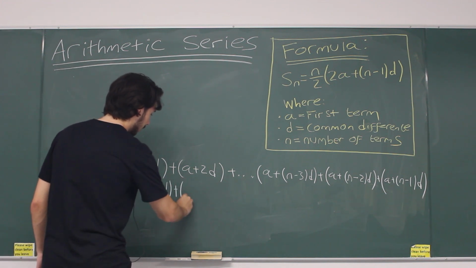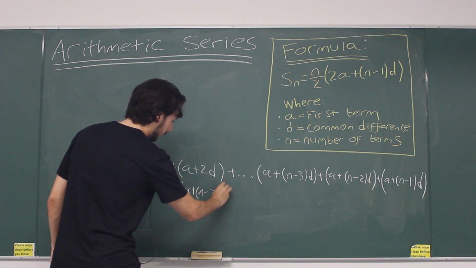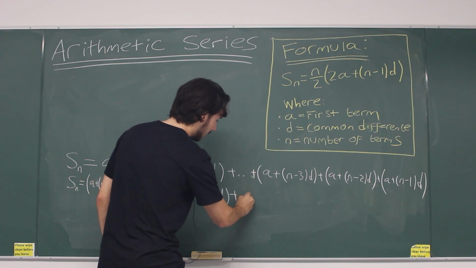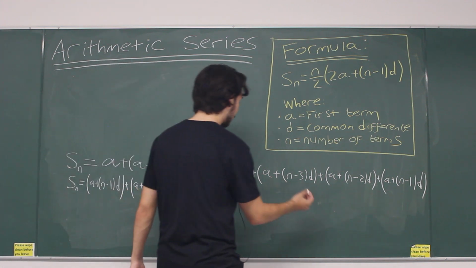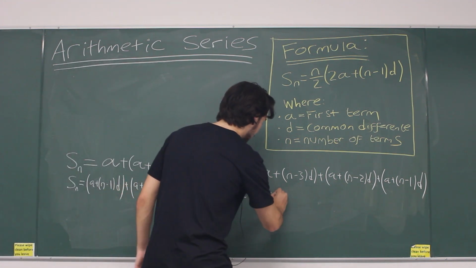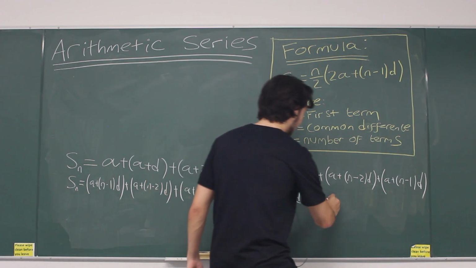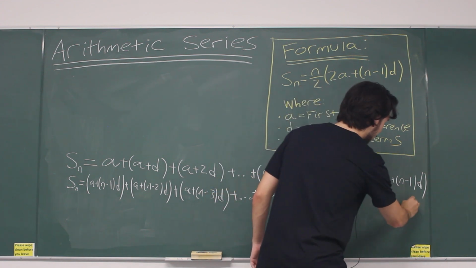The third to last term is A plus n minus 3d. Then we're going to go all the way until the first 3 terms, going backwards: A plus 2d, plus A plus 1d, plus the first term, which is A.